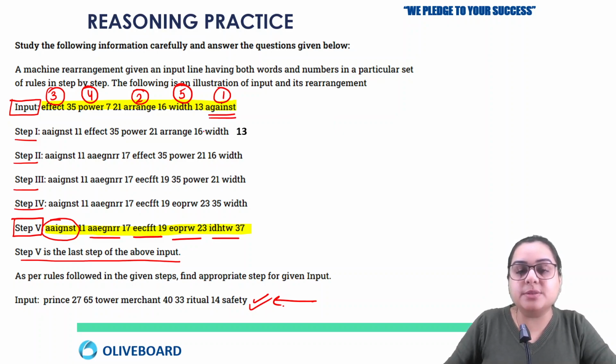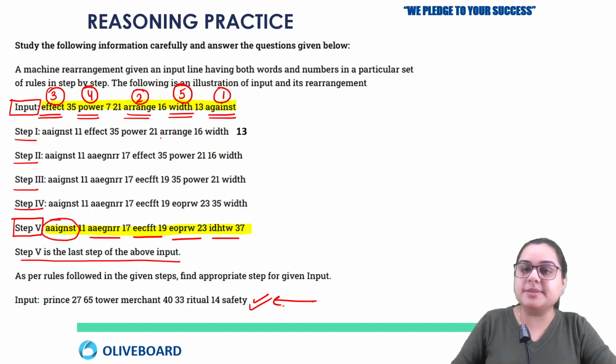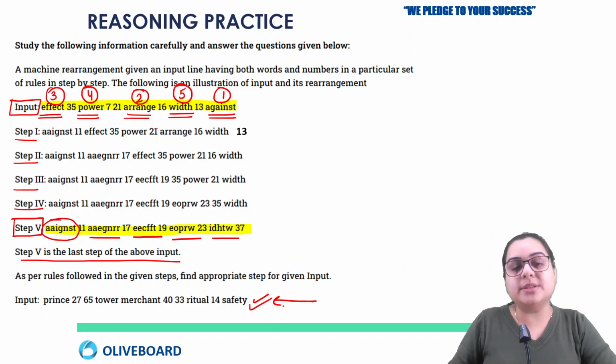The first word is against. Then you have arrange. In alphabetical order, the first word which comes is against. Then the next word is arrange. After A, next we have E, effect. After E, we have P, power. And after P, we have W, that is width. So this is the sequence of the words.